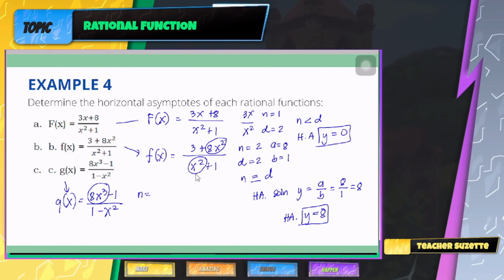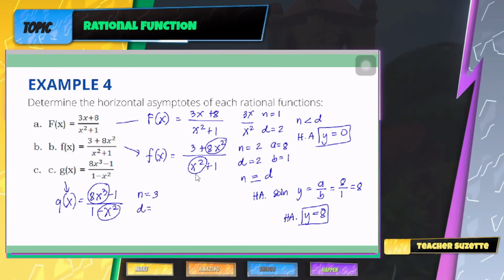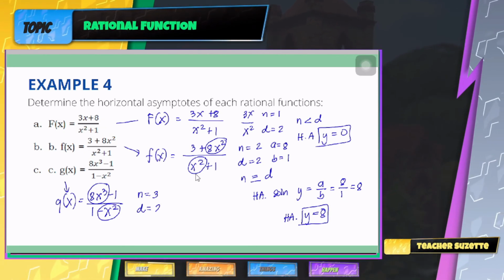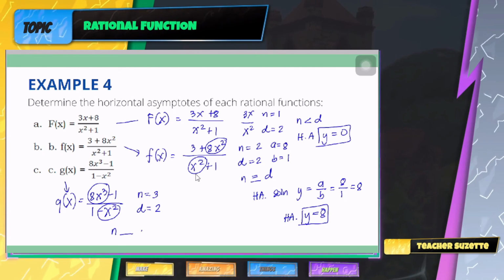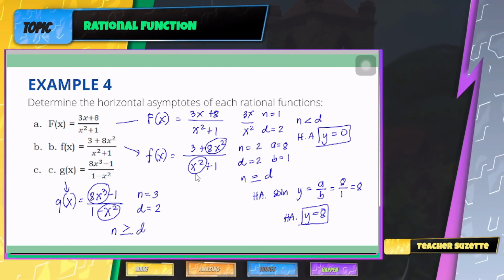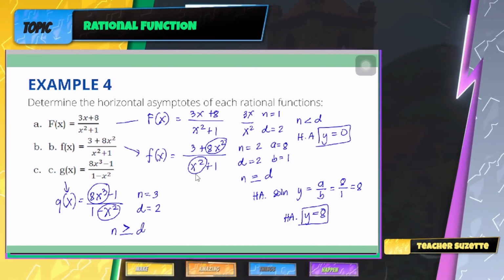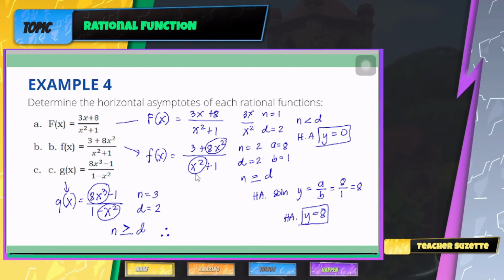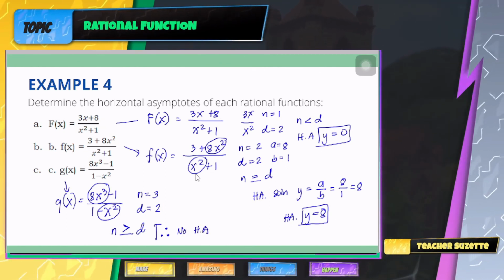So, ang ating n is 3, while our denominator is negative x squared, so 2. Then, when we compare our n and d, we can say that our numerator degree is greater than our denominator degree. So, therefore, we can conclude that there is no horizontal asymptote for this function.